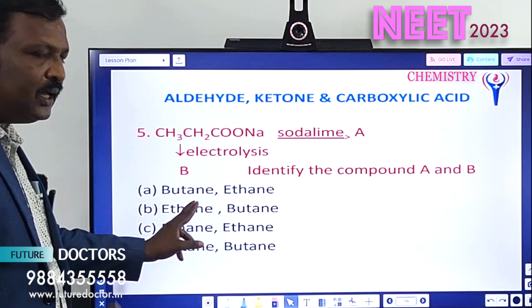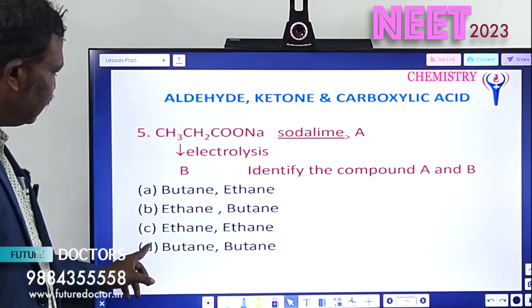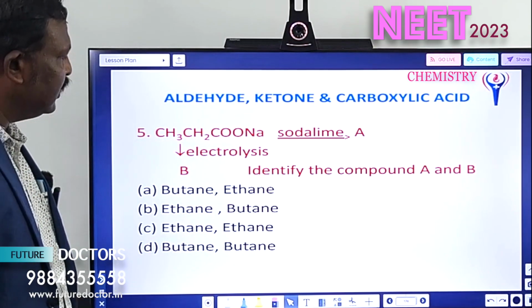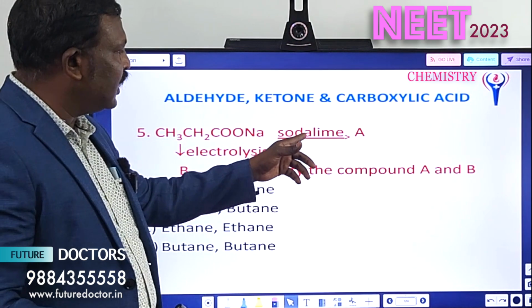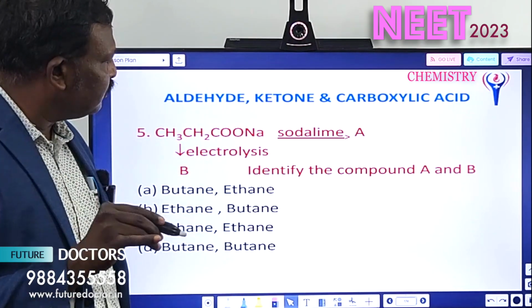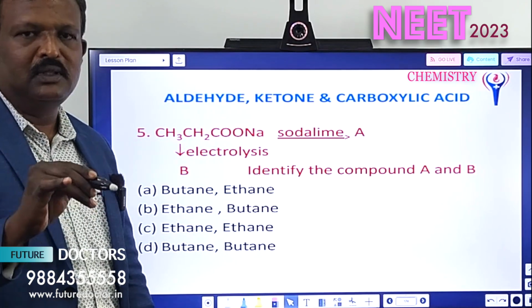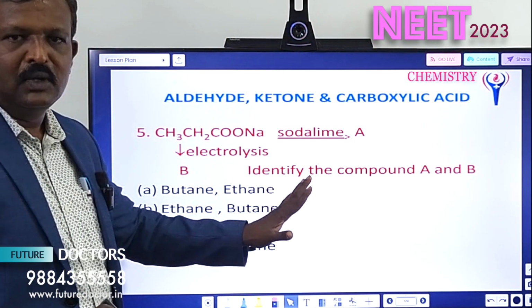Option B, ethane and butane. Option C, ethane and ethane. Option D, butane and butane. Soda lime is a mixture of sodium hydroxide and calcium oxide in the ratio 3:1. You must know that function, then only you can solve the sum.